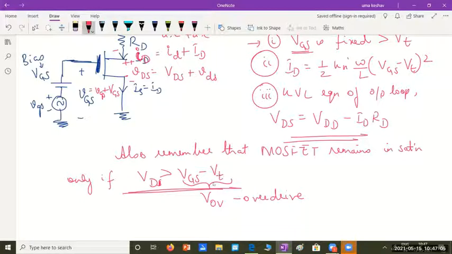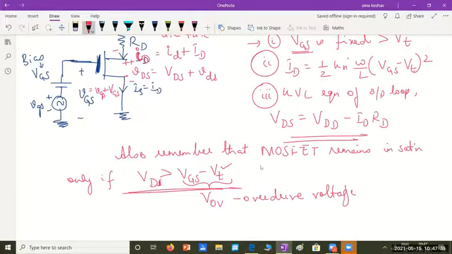The minimum required drive voltage to put the MOSFET in conduction is the threshold voltage VT. Yes or no? The input gate source voltage you give above the threshold, by how much you have exceeded the threshold, that's why we call VGS minus VT the overdrive voltage.